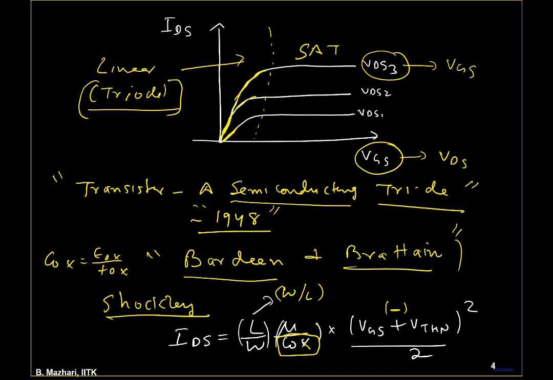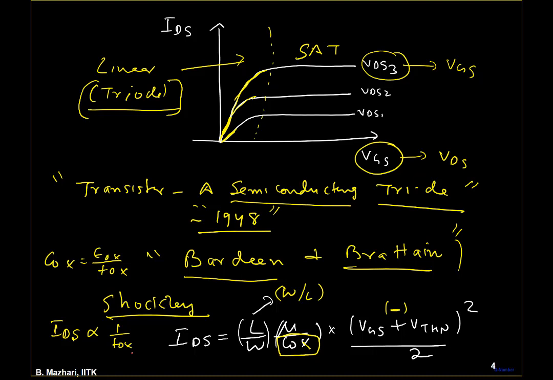So when I write at the bottom, it says IDS is proportional to T oxide, while if I write at the top, IDS will be inversely proportional. So the issue is, should IDS be proportional to T oxide or should it be 1 over T oxide?